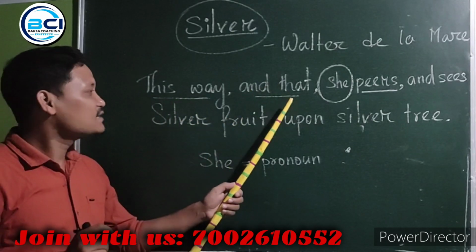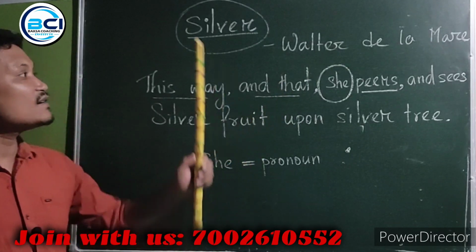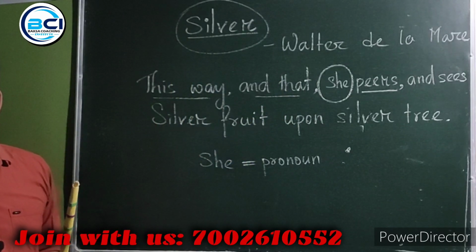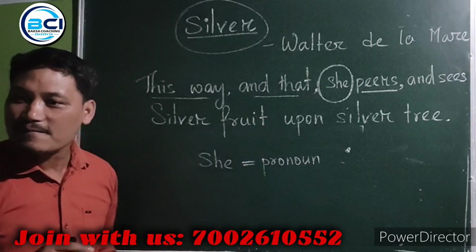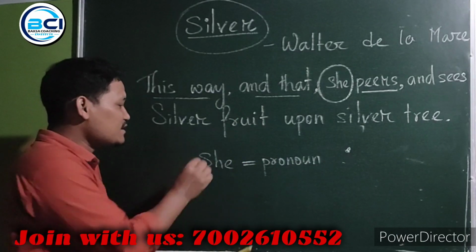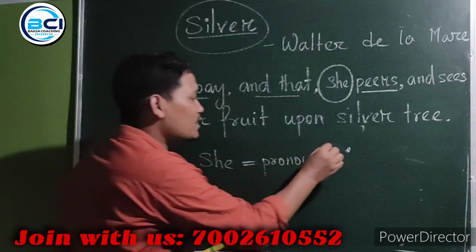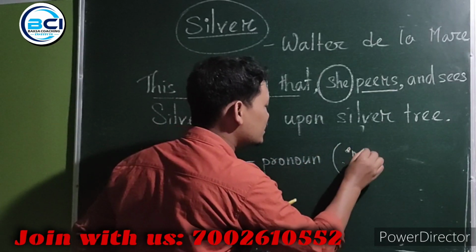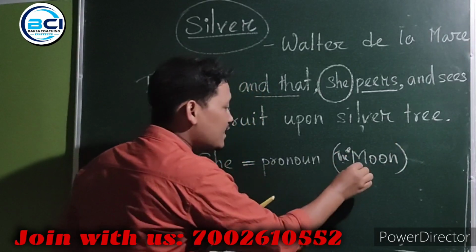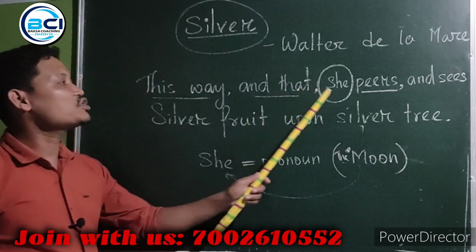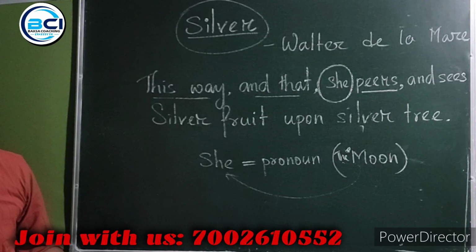The subject was there in the first and second line. Do you remember what was the subject of this poem? Yes. That means the word she is used in place of the moon here. The moon is the subject and in place of the moon, the word she is used. Understood?